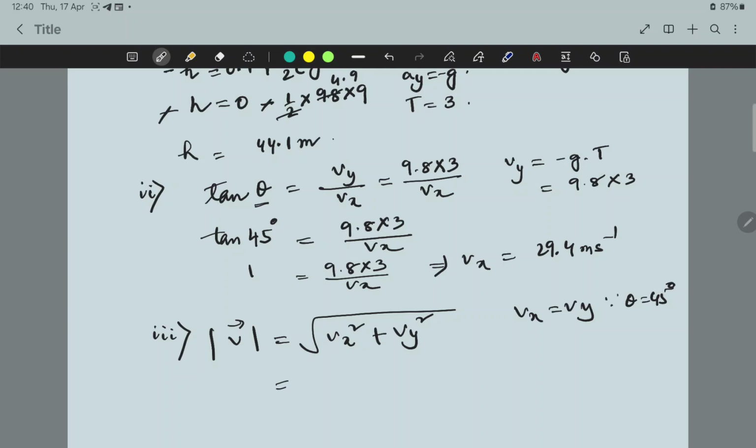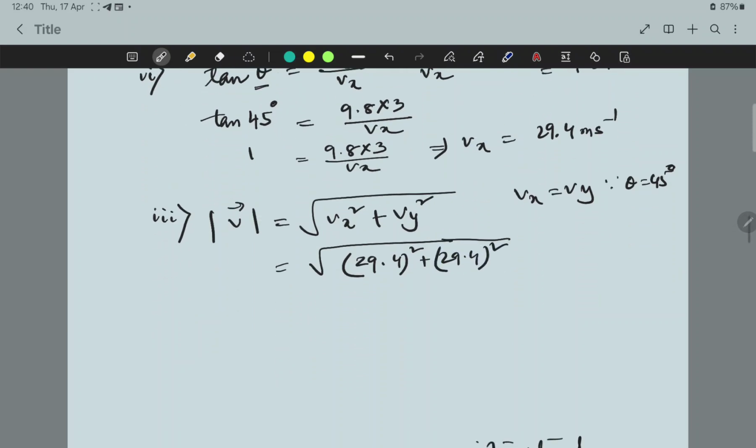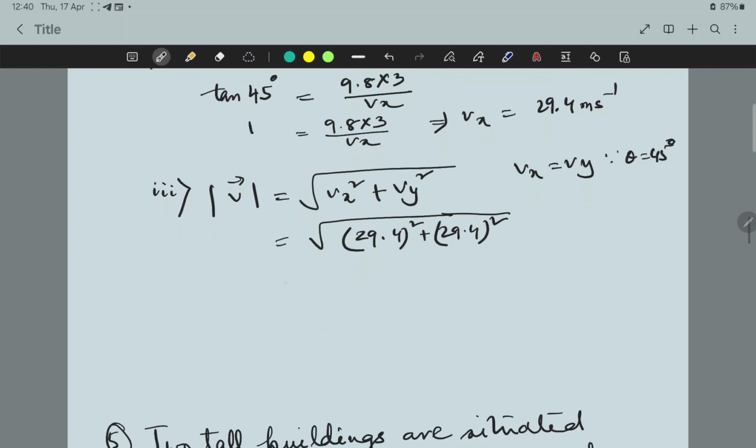So it will be the square root of 29.4 square plus 29.4 whole square. So that is equal to 29.4 root 2 meter per second.